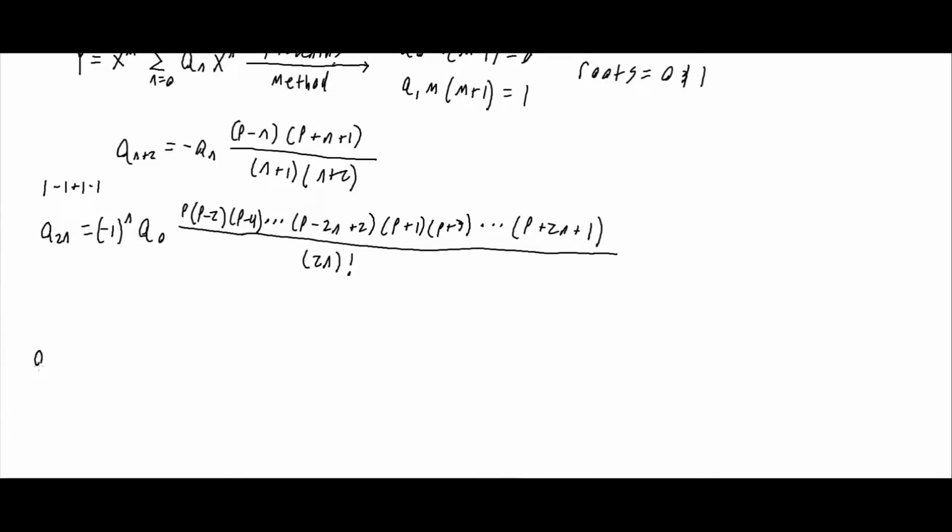And the odd coefficients, so a_(2n+1), will equal minus 1 to the n times a_0 times (p minus 1) times (p minus 3), and that will continue going until we get to (p minus 2n plus 1), times (p plus 2) times (p plus 4), going on and on until we get to p plus 2n.